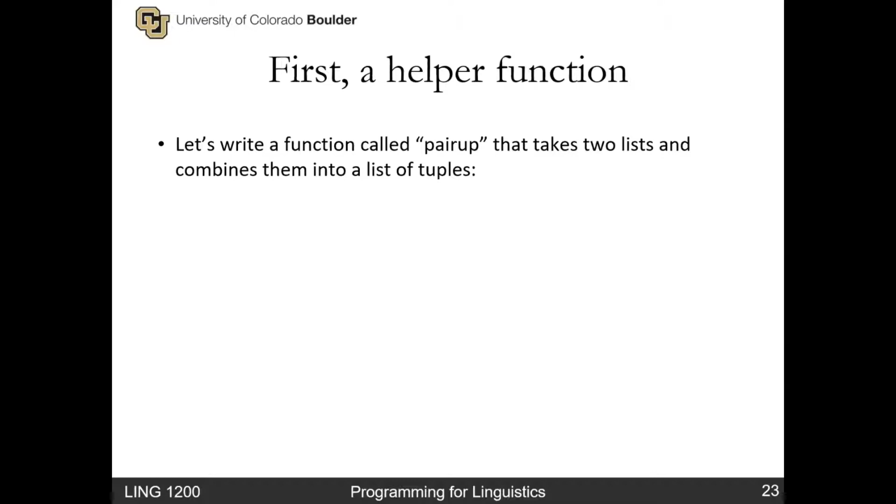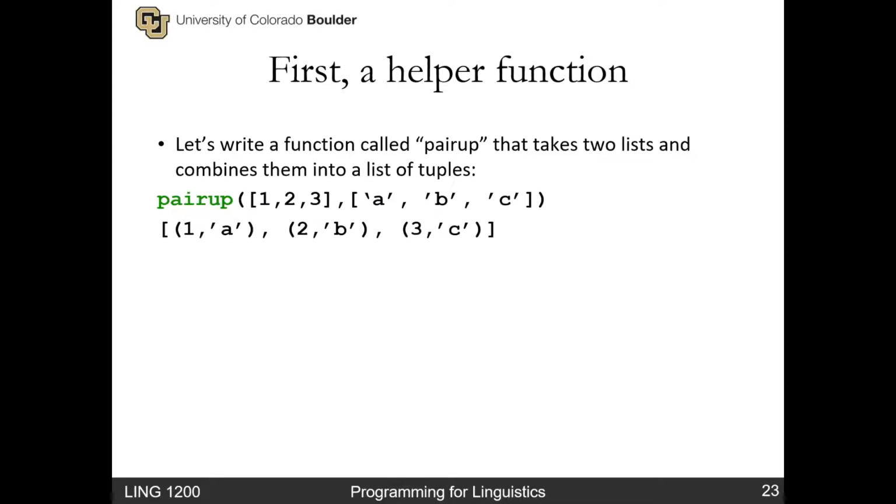So let's write a function called pair up that's going to take two lists. Eventually the idea is taking a list of words and a list of numbers and pairing them up. We'll combine them into pairs as a list of tuples. So each tuple will hold a word and a number. So we want a function called pair up that's going to take these two arguments. So here's a toy example, a list of numbers and a list of letters. And it's going to pair them up into tuples and put those tuples in a list.